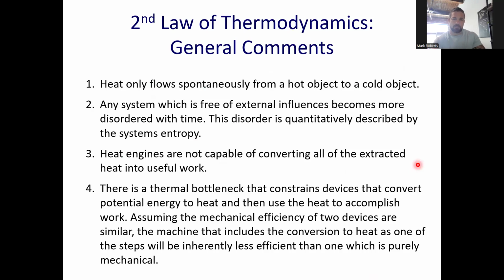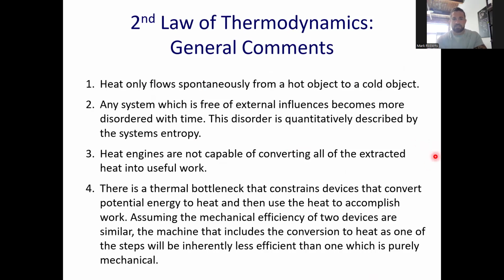Let's see, a few notes here. I think we summarized these a little bit already. We said that heat only flows from hot to cold. So we can use the flow of heat from hot to cold to generate work. That's the Carnot cycle, Rankine cycle. Any isolated system free of external influences becomes more disordered with time, and this is described by entropy.